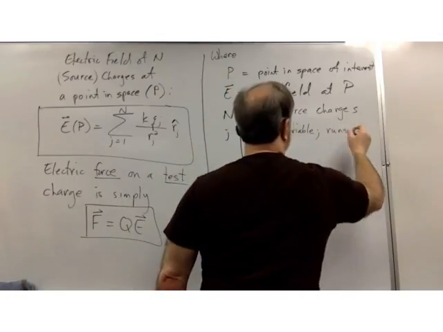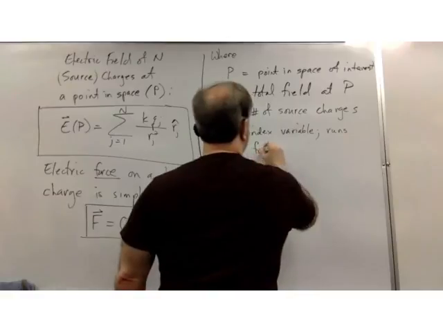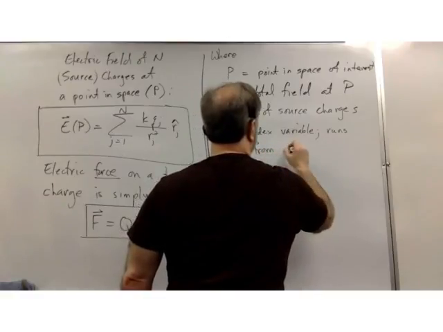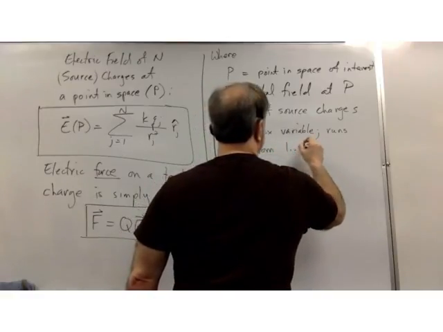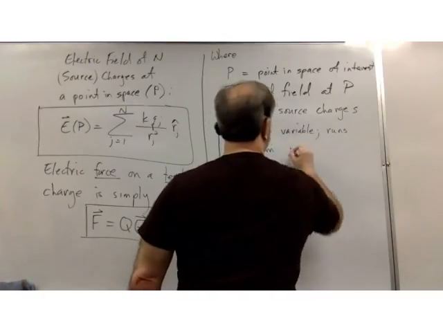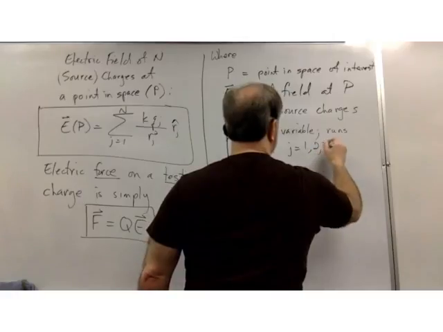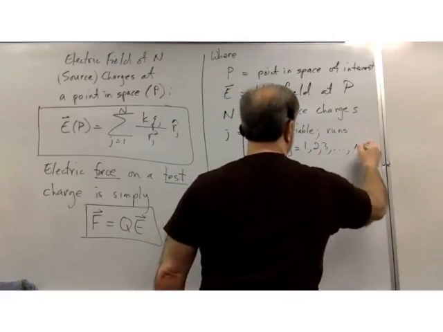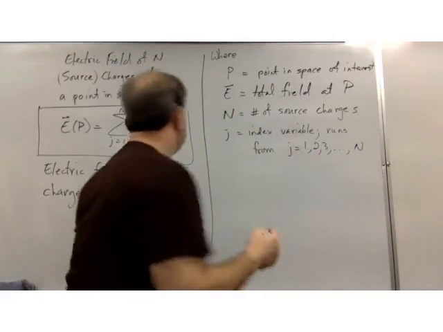And its values run from 1 equals 1, 2, 3, dot, dot, dot, all the way to n. Okay.